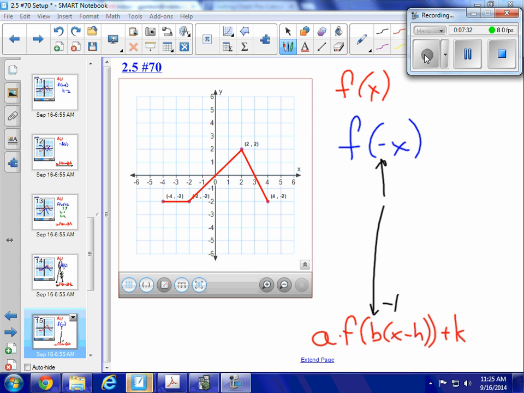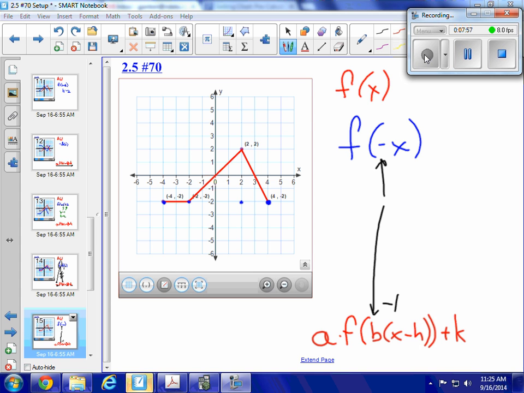So this point right here at -4, -2, my x value was -4. It now becomes +4. +4, -2. This one right here, which was -2, -2, becomes +2, -2. My y value doesn't change, but my x value flips.